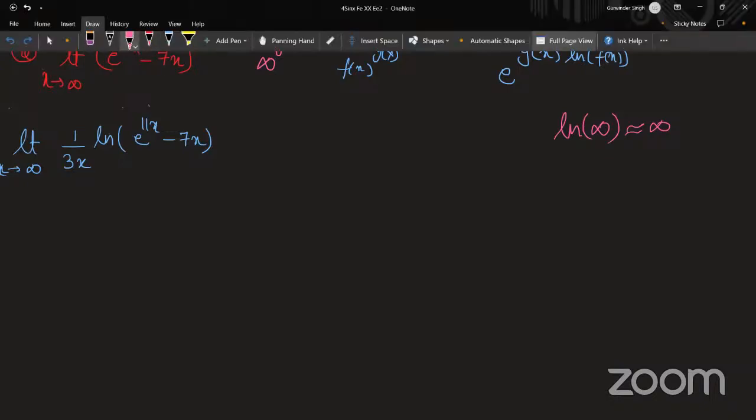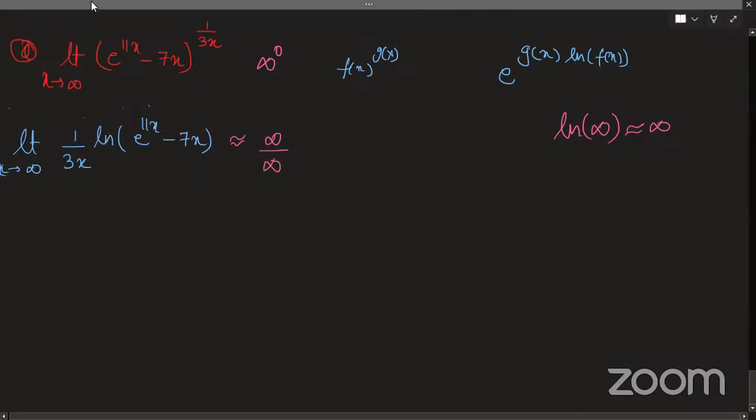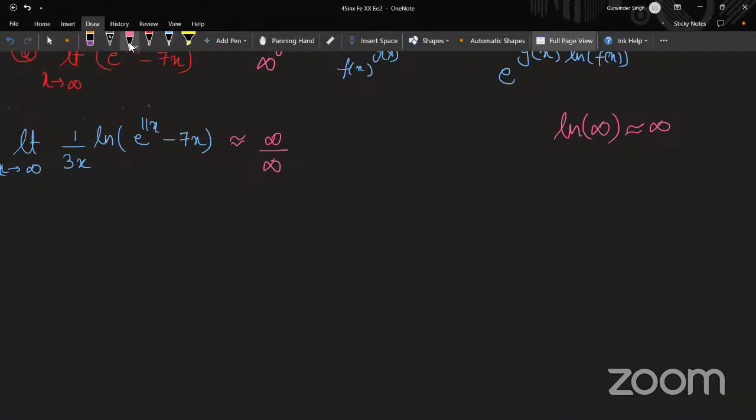What about your x? x is already tending to infinity. So which form is this? Infinity by infinity. Infinity by 0 is not an indeterminate form.